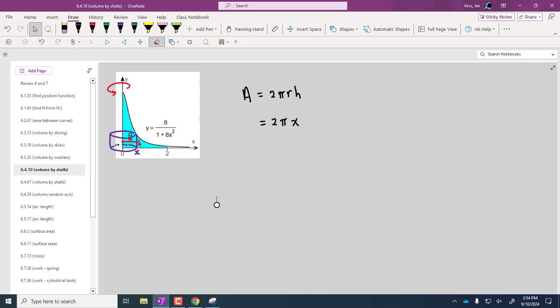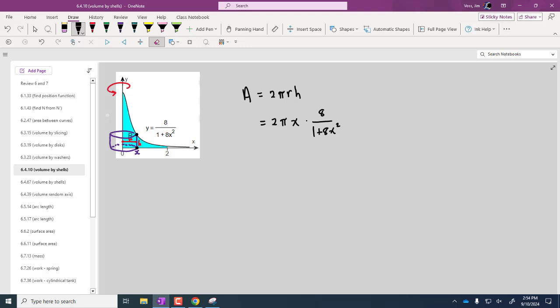H is the function. It's measuring the vertical distance. If we're looking here, this height is going from there to there, and that's what the function measures. The function measures the distance from the x-axis up to that curve. So that function measures that entire cylindrical height.